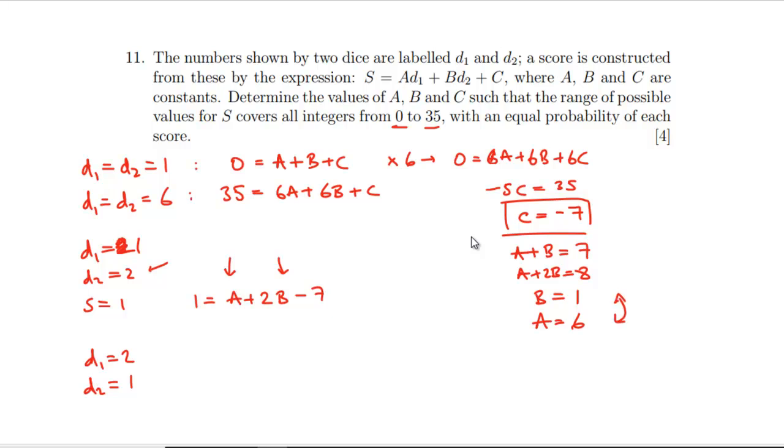That would certainly work. Or we could have done this the other way round and said, well, actually, the lowest number is at the top and the highest number is at the bottom, in which case we'd have a large positive number for this. C would, well, if it's 7 off the bottom, it would have to be 7 off the top. So you could have had that C is equal to 42. It's going to come out from that same symmetry, which would then make A equal to minus 1 or minus 6, and B equal to minus 6 or minus 1.